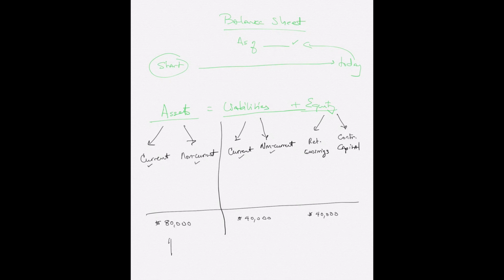Now, whenever we're looking at our business and trying to analyze what we have here, these numbers are important to know. So for example, if our assets are $80,000 worth of assets, and our liabilities, let's say, are $40,000, then we automatically know the answer, equity, must be $40,000 because this again has to balance.